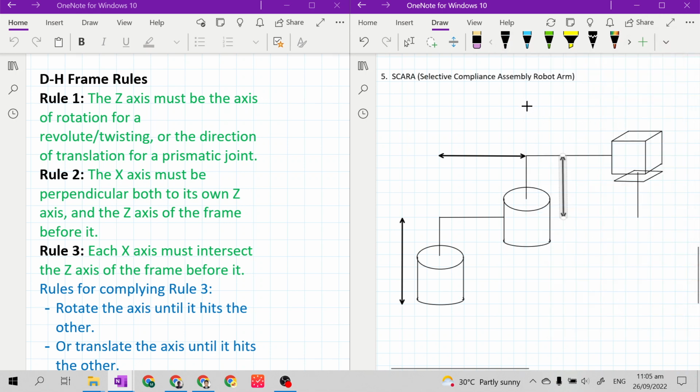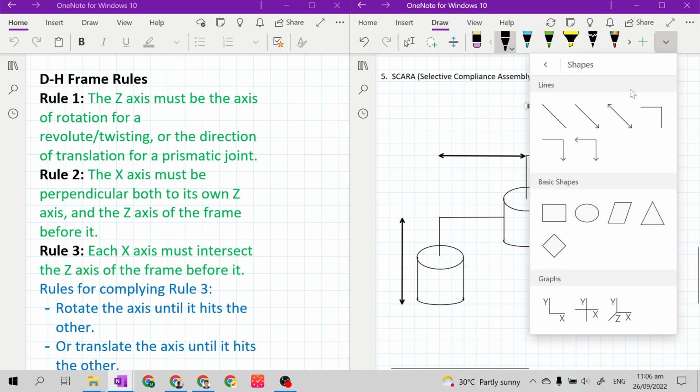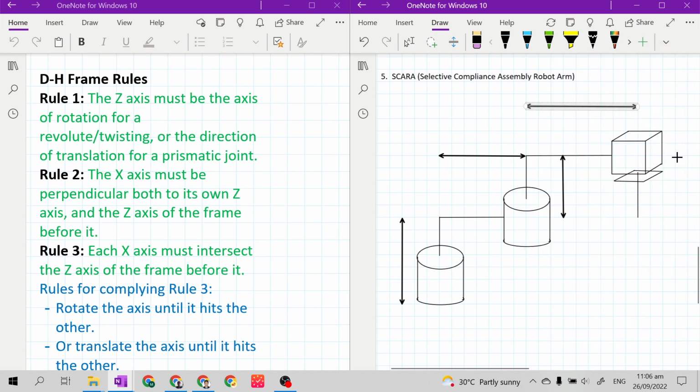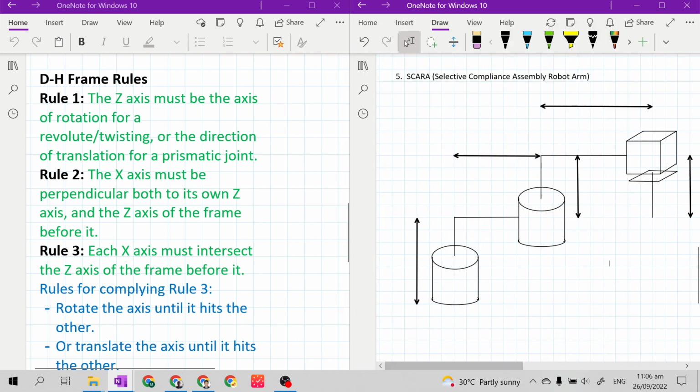Here is number four. And lastly, number five. So these are the links, or the link lengths, of a SCARA manipulator. So we have five of them.